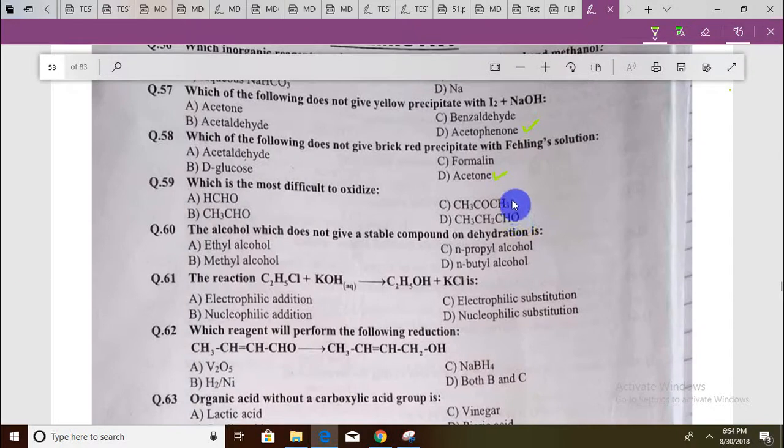Acetone is the most difficult because you can achieve the rest of them with the use of some sort of a somewhat weak oxidizing agent, even with the help of Tollens reagent or Fehling's. But for acetone you need the strong stuff like acidified sodium dichromate, acidified potassium permanganate, or concentrated HNO3. And the way the oxidation happens is pretty cool.